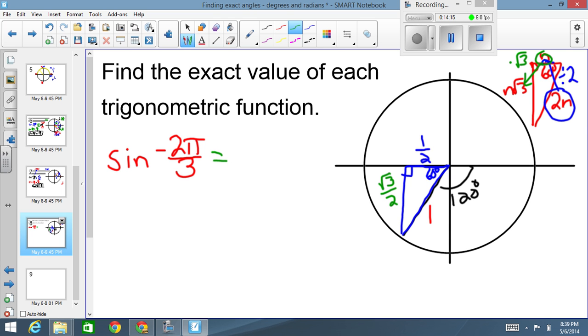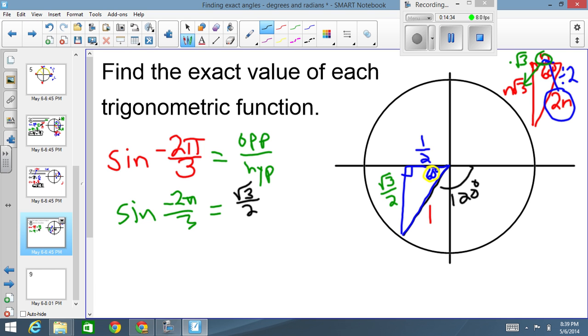So I know when I'm doing sine, I do opposite over hypotenuse. So I have sine of negative 2 pi over 3 equals opposite of the 60 is radical 3 over 2. Now this is going to be negative because I'm over here in quadrant 3. So this should be negative radical 3 over 2.